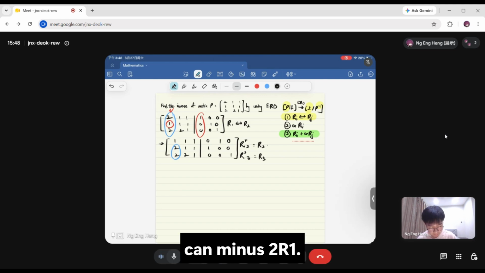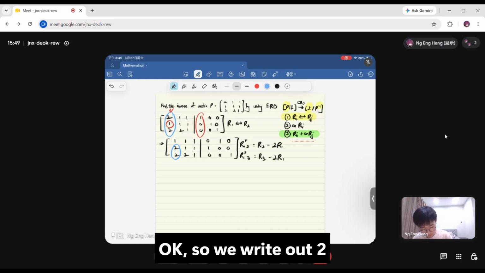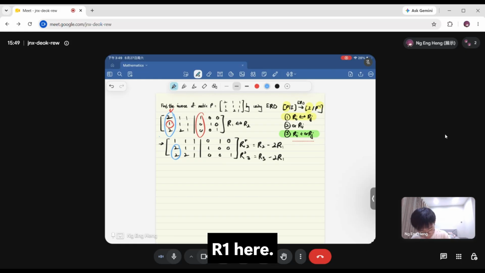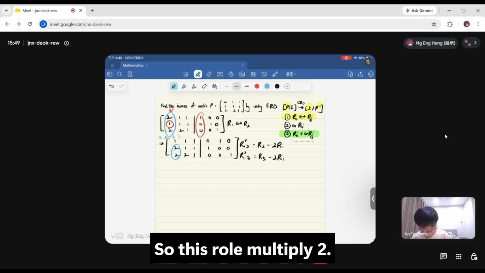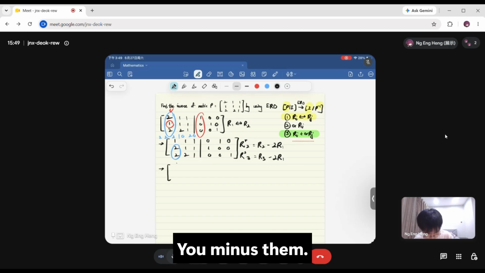Okay, so we write down 2 row 1 here. So this row multiplied by 2. Okay, now we minus them.